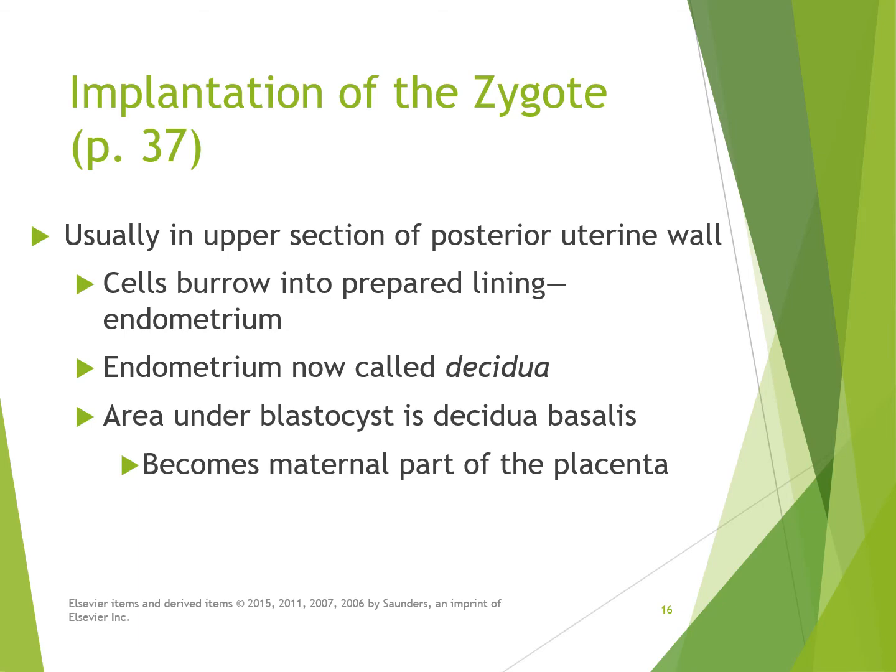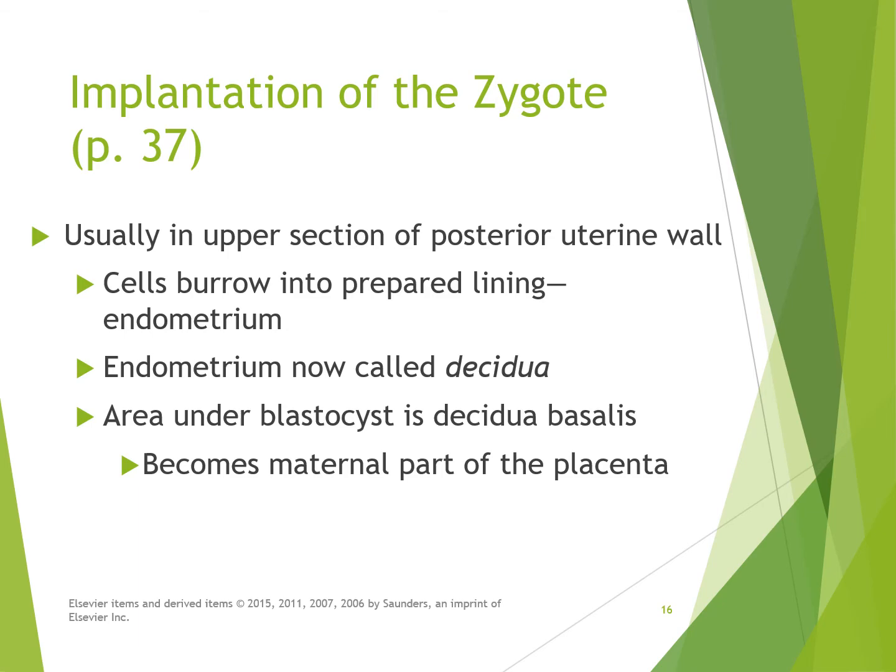Now this endometrium, the lining of the uterus, the inner lining of the uterus, remember that? En, I say is in. And now this endometrium is called decidua. The area under the blastocyte is decidua basalis. It becomes the maternal part of the placenta. So everything's starting to form. You can see how in that short of a time, all the things that have to happen.